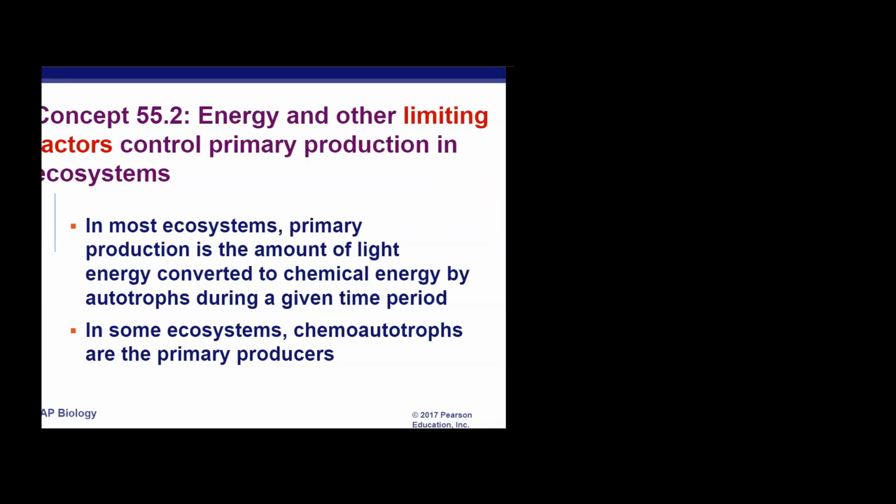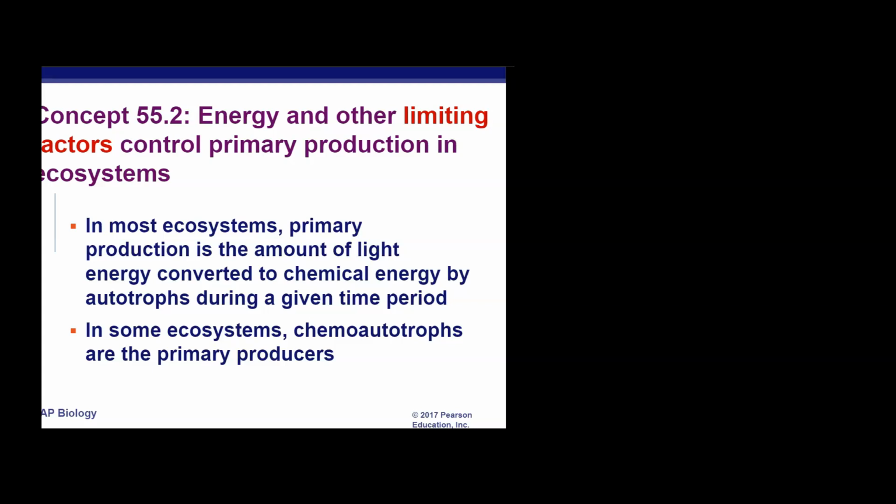So the next concept we want to talk about is limiting factors to primary production. Looking at the flow of energy through an ecosystem, again, we're starting at that producer level. And also when we're talking about the cycling of nutrients through an ecosystem, in terms of the biotic portion of that cycle, we're usually going to start with the primary production level.